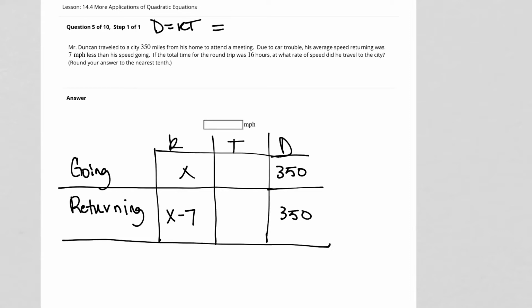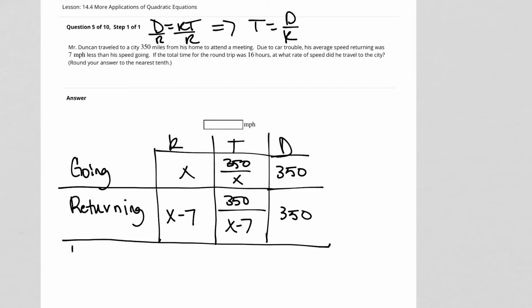So if I come back up to this formula and solve for time, I'm going to divide both sides by rate. So time is equal to distance over rate. To fill in my time, going I'm going to have 350 over x. Returning, I'm going to have 350 over x minus 7.